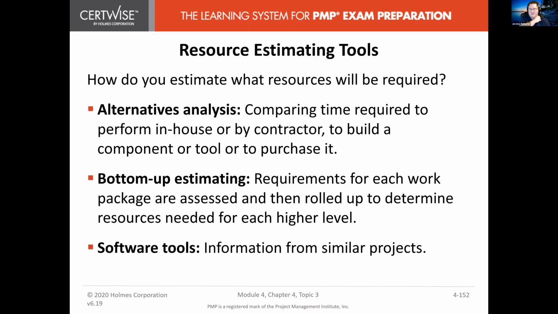So estimating is sometimes just a sophisticated wild guess, but hopefully we use a more scientific method. So we can look at our alternatives. Yes, we can have the ideal piece of equipment or ideal resource for this, but there might be a constraint such as it's not available, it costs too much, or we can't get it for long enough, or whatever the constraint might be.